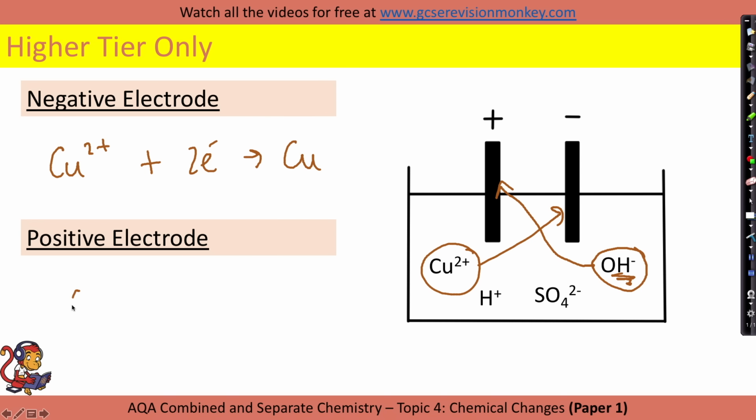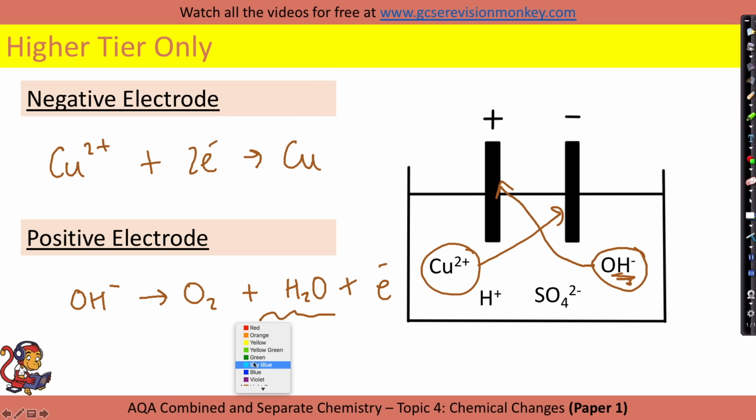So the hydroxide ions give away electrons, I'll write them on the other side, they turn into oxygen and water and give away electrons. Okay, so hydroxide ions turn into oxygen, we know that bit. We know that they have to give away electrons, and this is the extra little bit. Okay, water is also made as well. So to balance that up, we need a 4 there, a 2 there, and a 4 there.